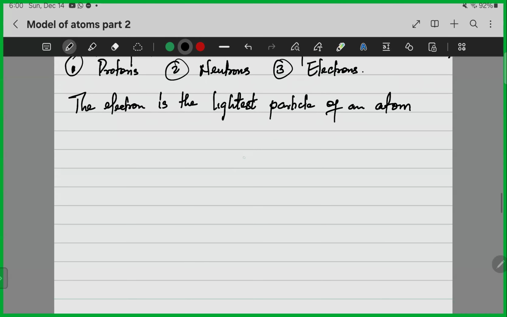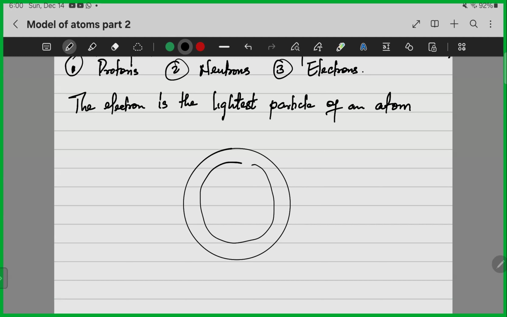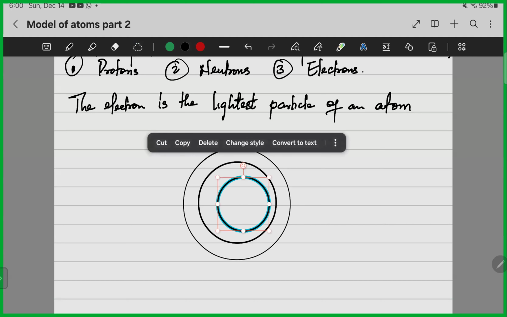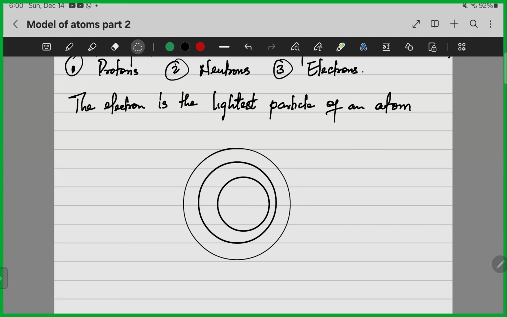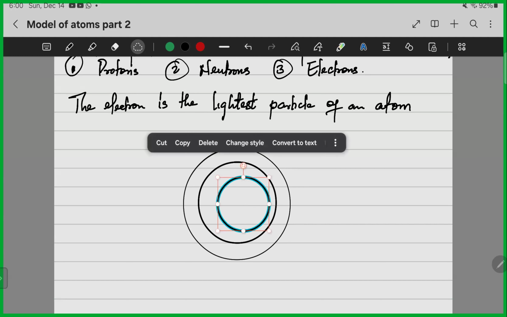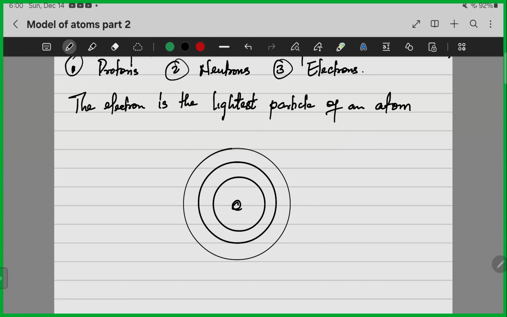So the picture we've been painting so far is more like this. These are shells that run pretty much up to the nucleus.